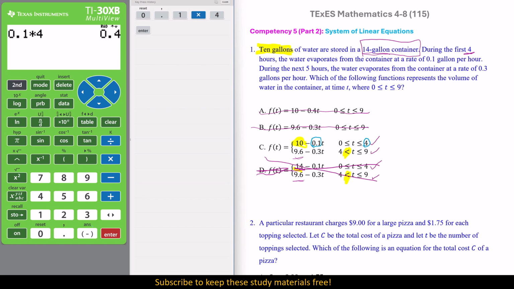Now, if we follow through and actually apply that, we say 10 gallons minus the 0.4 that has just evaporated in that first equation, that's where the 9.6 comes in.